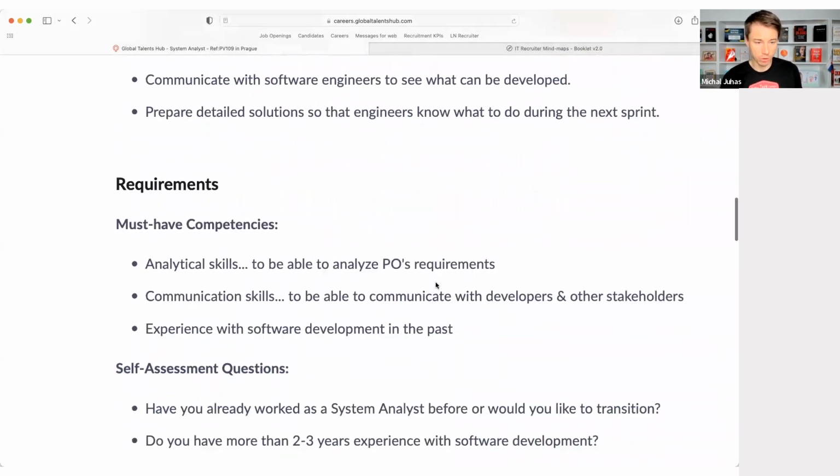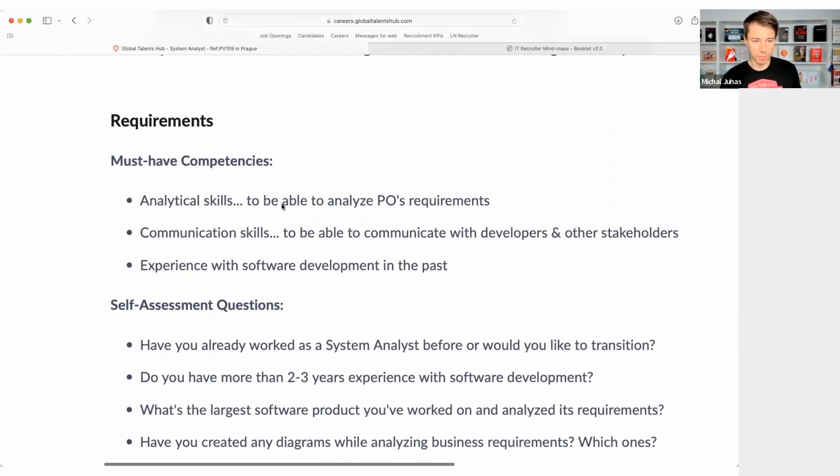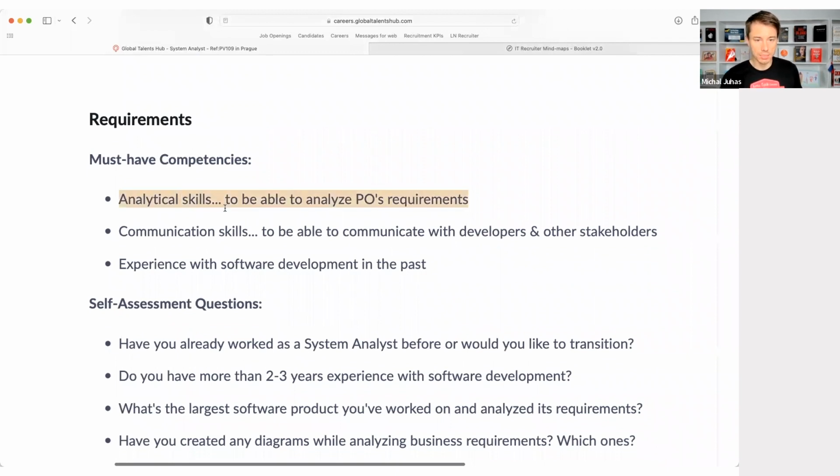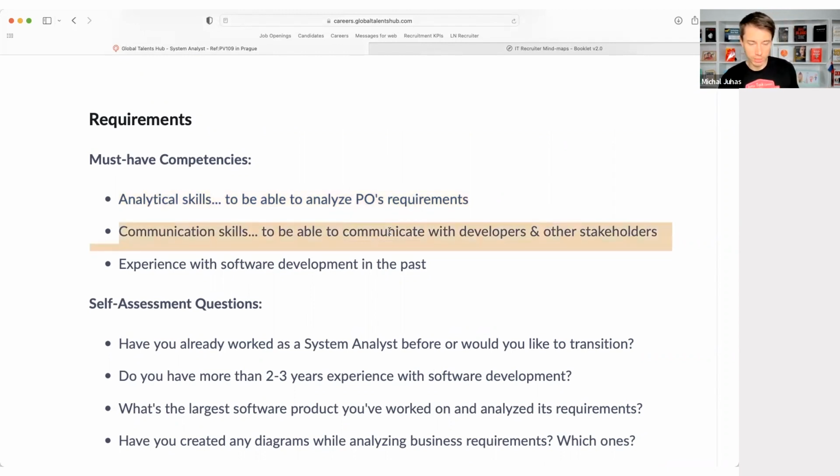So someone relatively technical and analytical at the same time. The must-have competencies, must-have skills would include analytical skills, someone who can understand requirements, someone who can think it through, someone who is able to look at the problem from different angles, someone who can also communicate well, because this is all about discussions with the product owner via Slack or through Confluence or through in-person meetings.